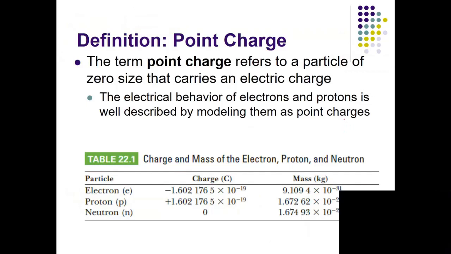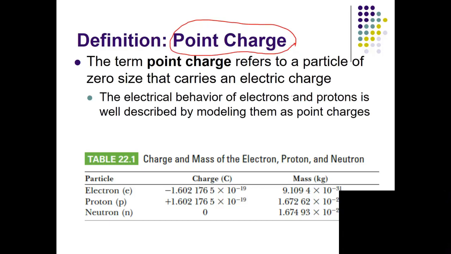Okay, some definitions. If you remember in physics 121, we defined point mass. Point mass in physics 121 was simply an object where we assume that all the mass is accumulated at one point. This is kind of similar. We have point charge. Here we assume that all the charge on a specific object is accumulated at one point.